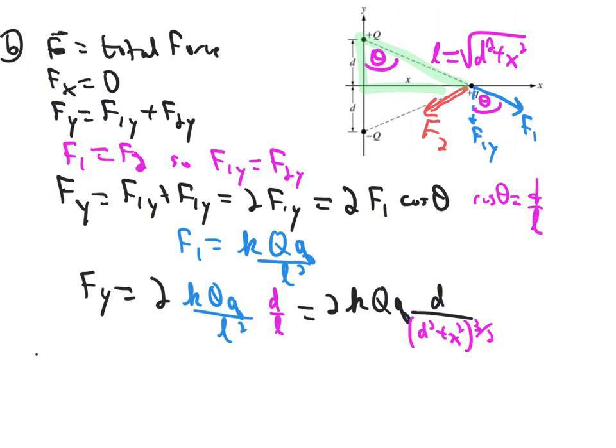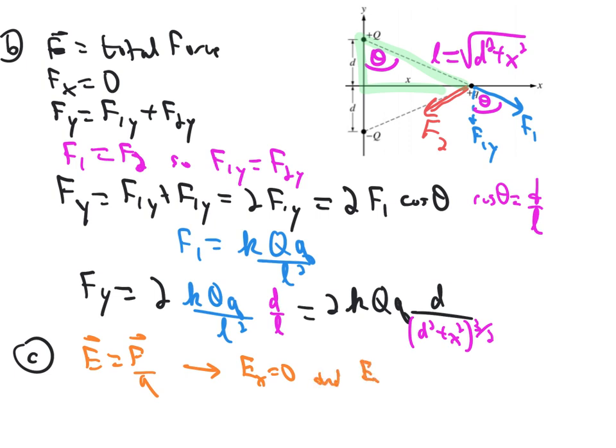Part C says, find the electric field. And so in general, the electric field is the force divided by the charge. So we immediately see Ex is 0, since the force in the x direction was 0.